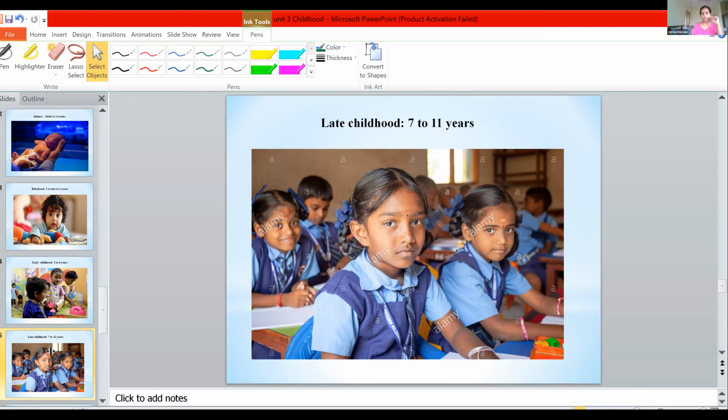They start to learn writing and reading. This is the elementary school period, right? So they start to learn how to read and how to write. Then anything else, Meghna? Mental development. Okay.